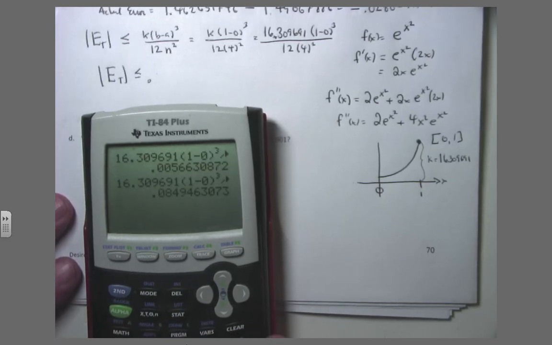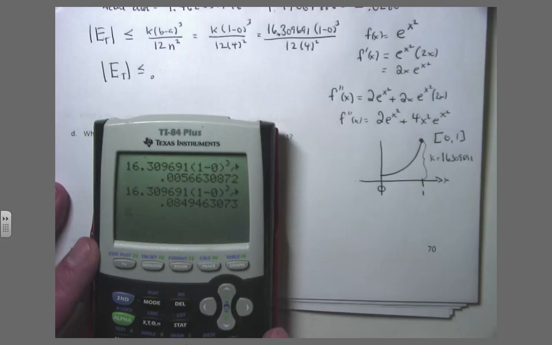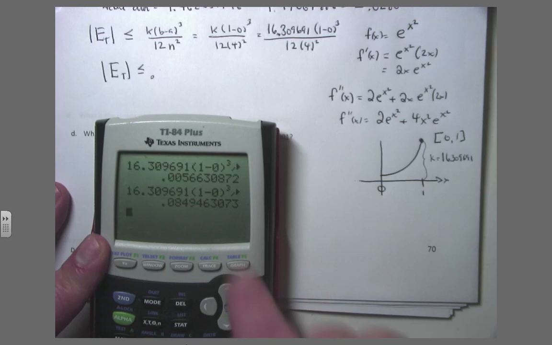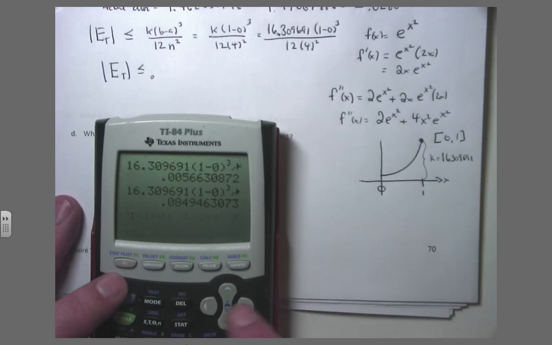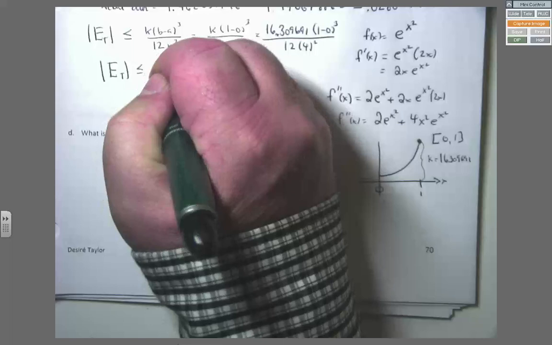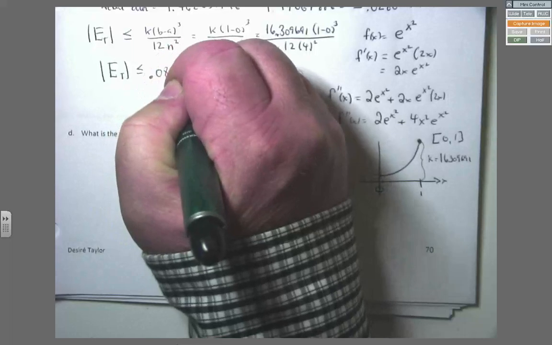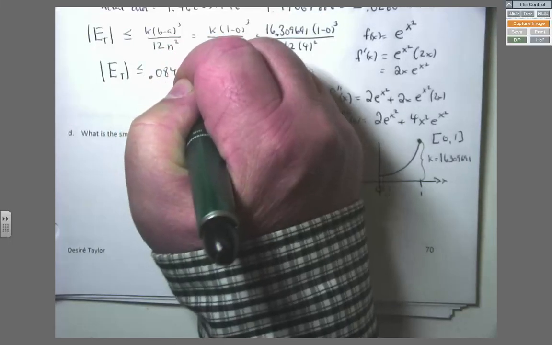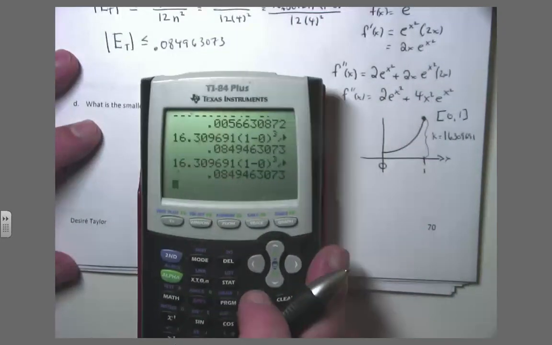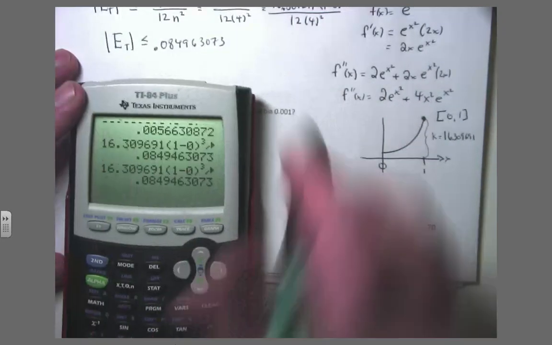Does that look a little better? 16.309691 times 1 minus 0 cubed divided by, make sure I did it right here, 12 times 4 squared, which is, like you said, 0.08. So let's get the right number here. 0.084946303.